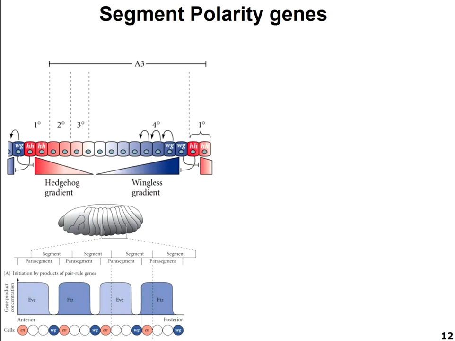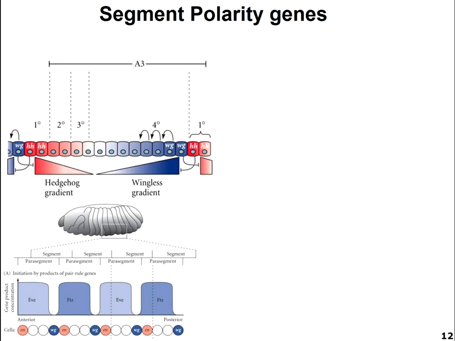Okay, so inside a parasegment, or a segment if you wish, how do the cells know whether they are in a more anterior or posterior position? So they acquire their anterior to posterior polarity inside a parasegment because of expression of wingless and hedgehog.